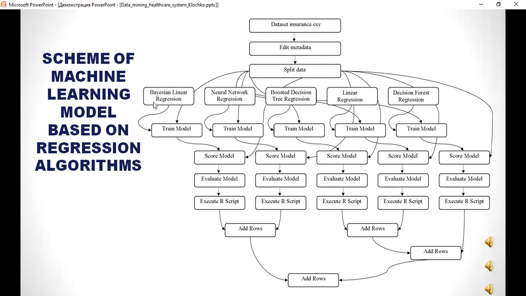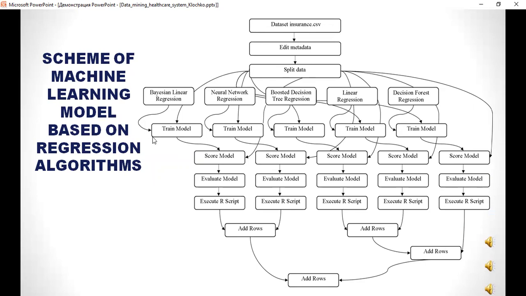The modules Bayesian linear regression, neural network regression, boosted decision tree regression, linear regression, and decision forest regression provide the creation of regression models using the above algorithms. Training of the regression models is implemented using the train model block on the training dataset.